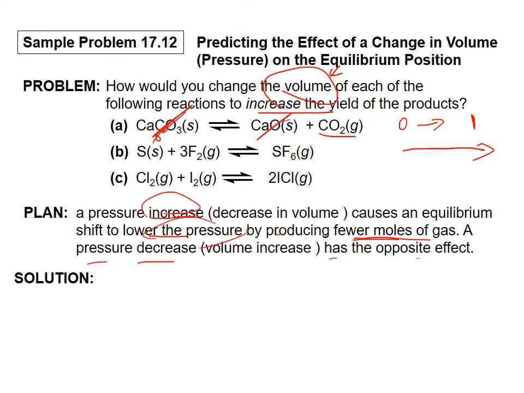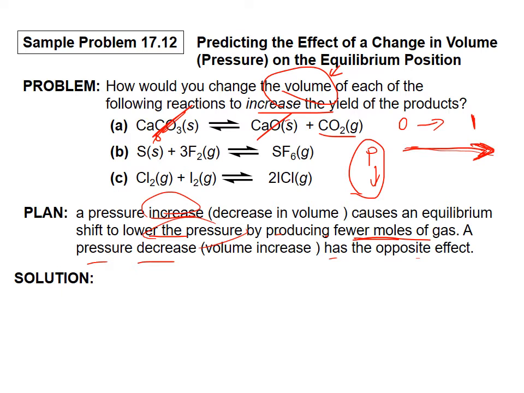Now, the Le Châtelier principle says the reaction will counteract the disturbance. So if the reaction goes forward, that means it will increase the number of moles, or it will increase pressure. So if this counteracts the disturbance, then the disturbance must be decreased pressure. The reaction will respond by going forward to increase the number of moles and increase pressure.